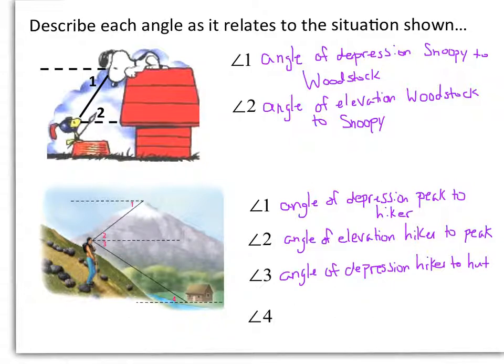And finally, angle 4 is an angle of elevation from the hut to the hiker. Okay, and that's the difference between angle of depression and an angle of elevation.